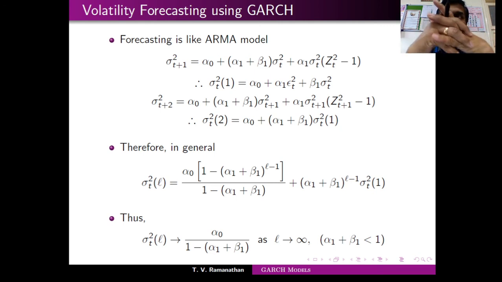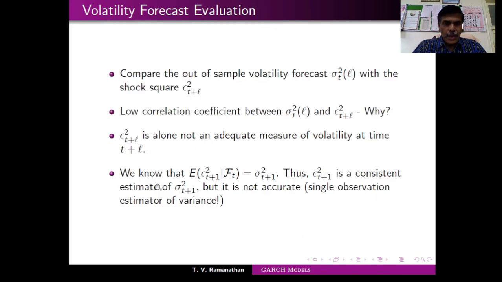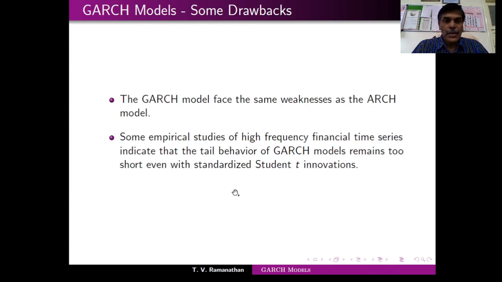So your sigma t square today is not just epsilon t minus 1 square, what happened on the previous day, but something more happens, and that's what this whole thing tells. So we know that this is equal to this. This is a consistent estimate of this, but it is not accurate, because this is just a single observation estimator of the variance.